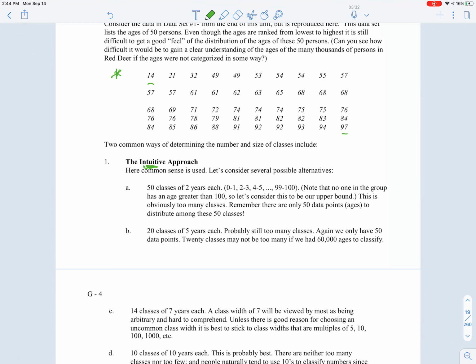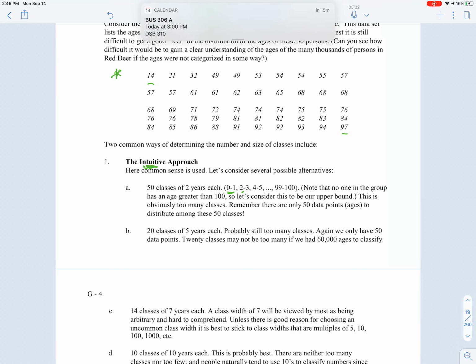Now, take a look at some possibilities here. Suppose I decide that I want to have 50 classes or groupings of 1 to 2 years each. So the first one would be how many people are age 0 or 1, and then the next one would be how many people are aged 2 or 3, and so on like that.